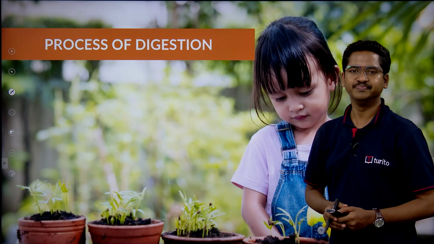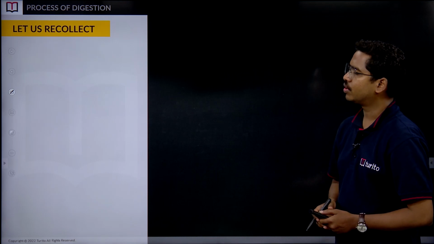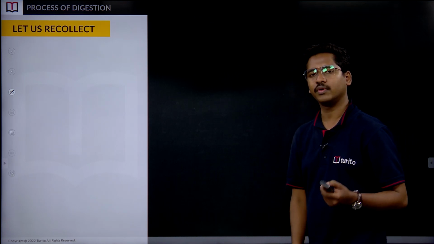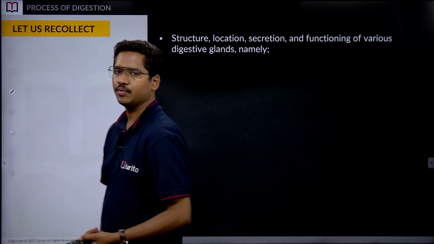So, if we look here, we would like to have a topic that we have dealt with in the previous session. So, that is what we will recollect, and then we will be looking into the objectives.